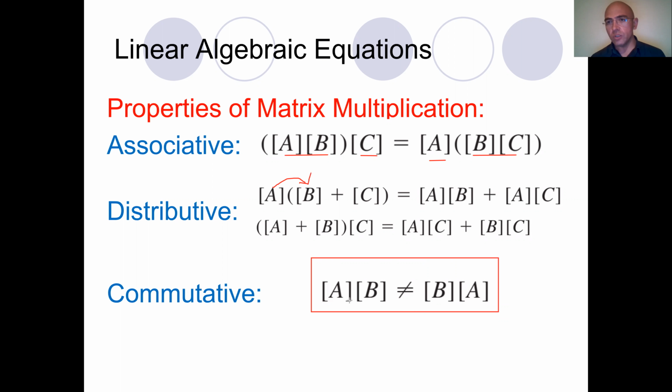The number of columns in the first matrix has to be equal to the number of rows in the second matrix. If you change the places, certainly the dimensions may not be compatible. Even if it is compatible, as is the case in a square matrix, it may not be the same result. So matrix multiplication does not have a commutative property.